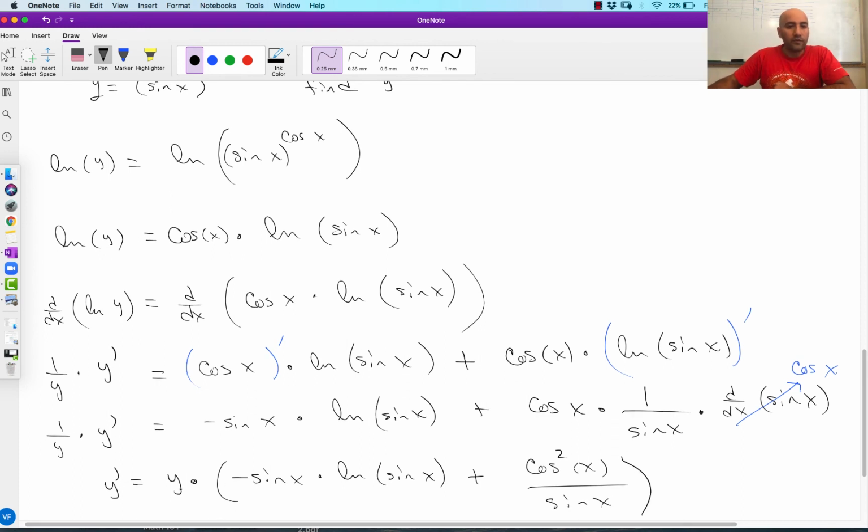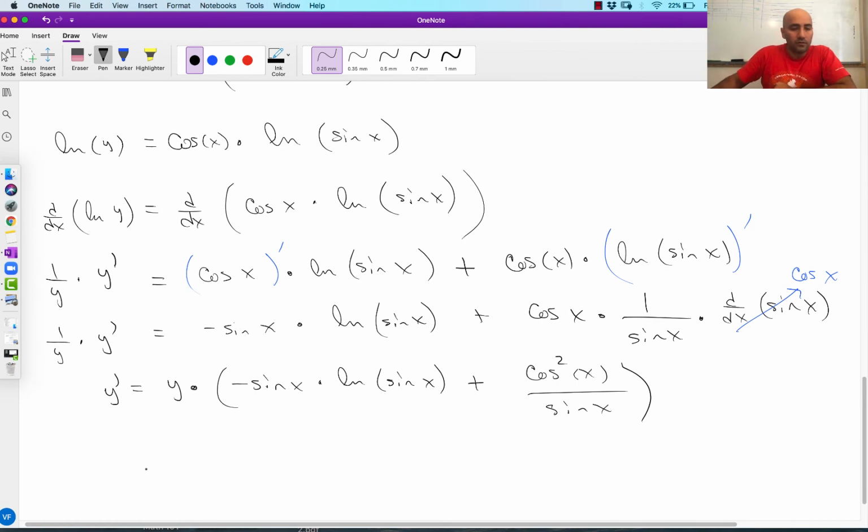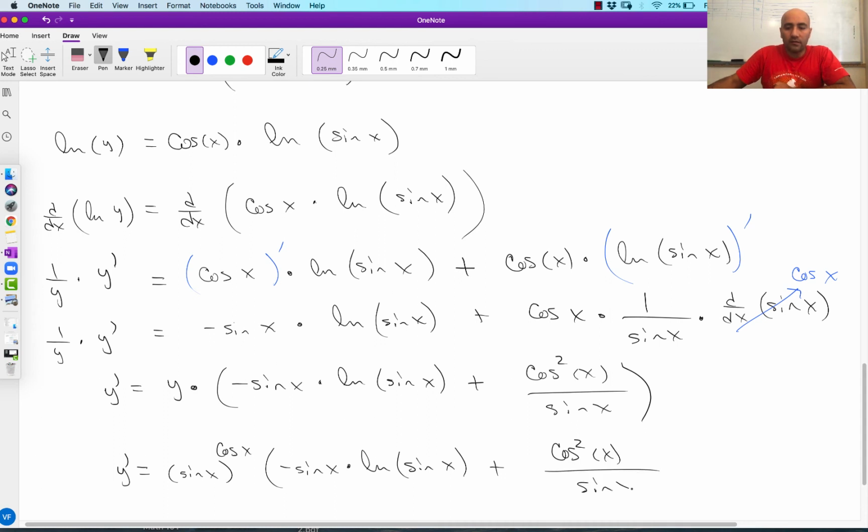Okay, and so now all we have to do is replace that y with our original value, and then that's our derivative. So y prime is going to be equal to sine of x to the power of cosine of x times negative sine x times ln of sine of x plus cosine squared x divided by sine of x.